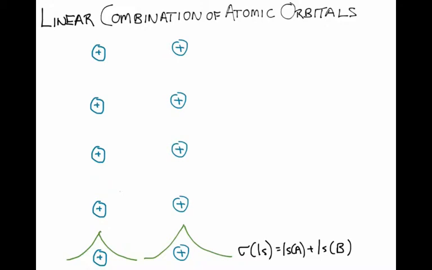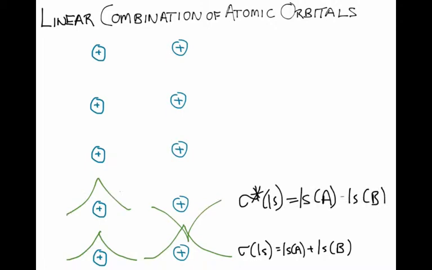The next option is to add them in the opposite way. If we have the orbital for nucleus B pointing downward, that's 1sA minus 1sB, and we're going to call that sigma star. You probably already know what that means, but we're going to get to that in a little bit.